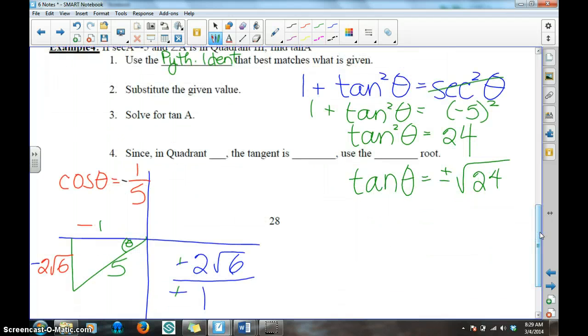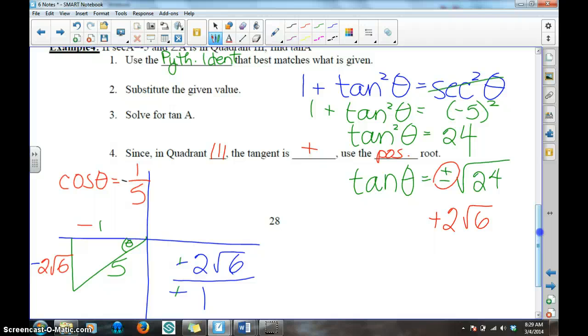Last but not least, and probably the only sticky point with these Pythagorean identities, is you can't have both answers. Since tangent in quadrant 3 is positive, my bad, use the positive root. And I get the same answer both ways. Does everybody follow how I did that?